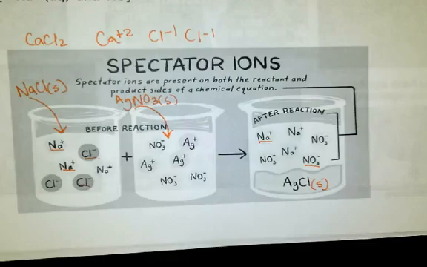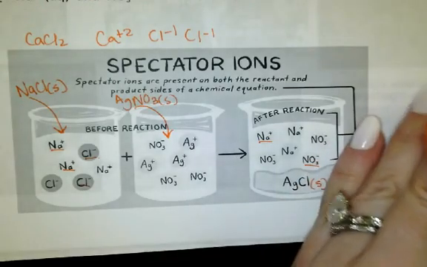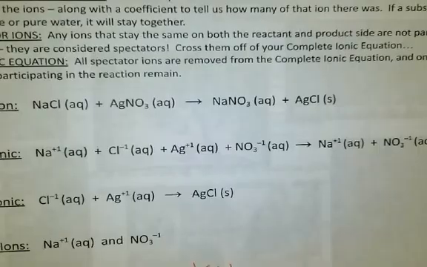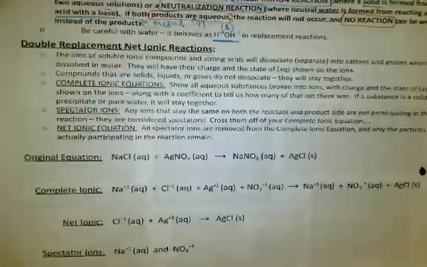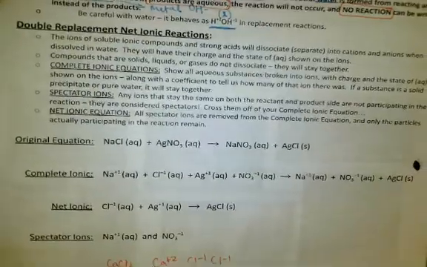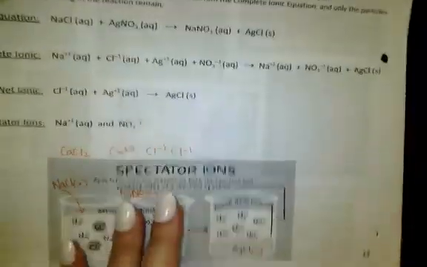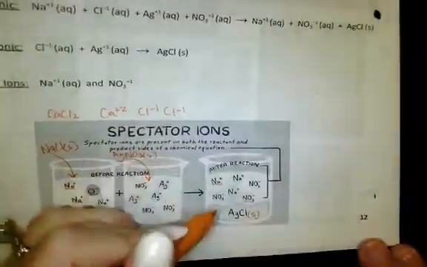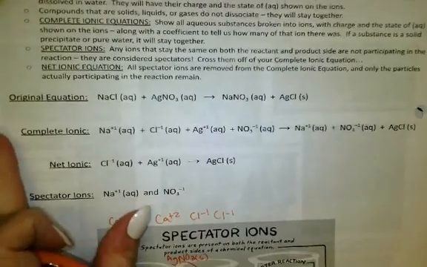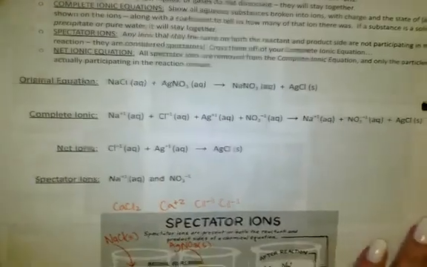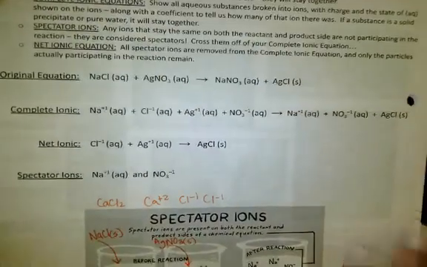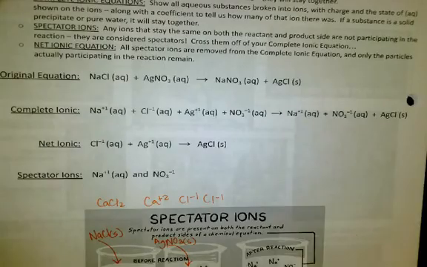Okay? Now, what complete and net ionic equations do is they give us an idea of what's going on here, but it is written in formula form. Okay, so here we have our original equation.